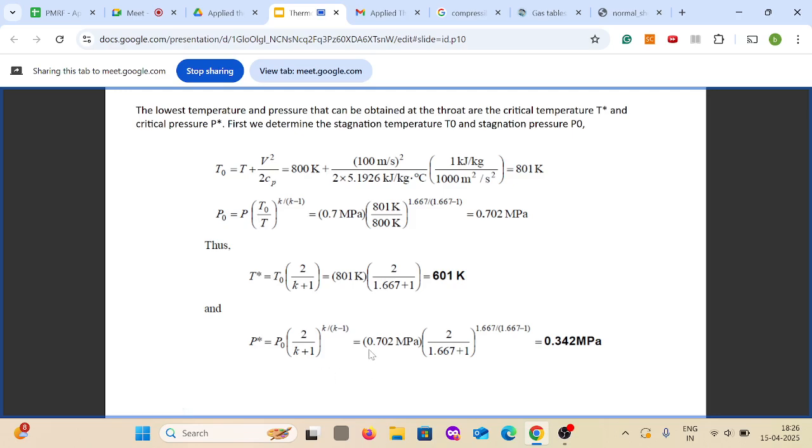So this comes out to be 0.702 into (2 by 1.667 plus 1) raised to the power gamma by gamma minus 1, which is 0.342 megapascal. So this is the minimum temperature and pressure that can be obtained when Mach number is 1.